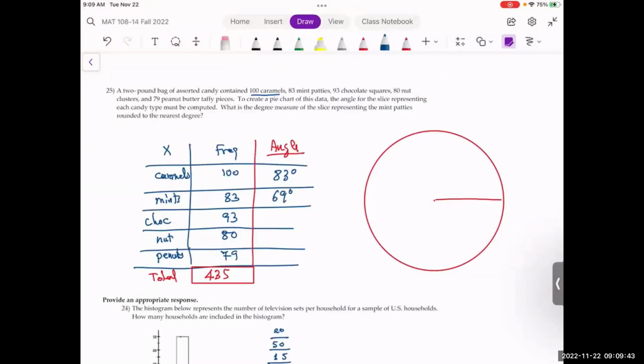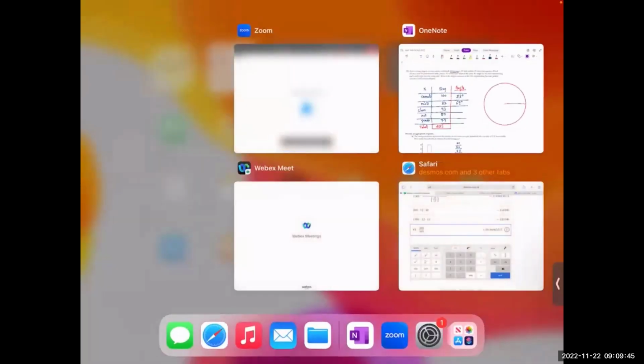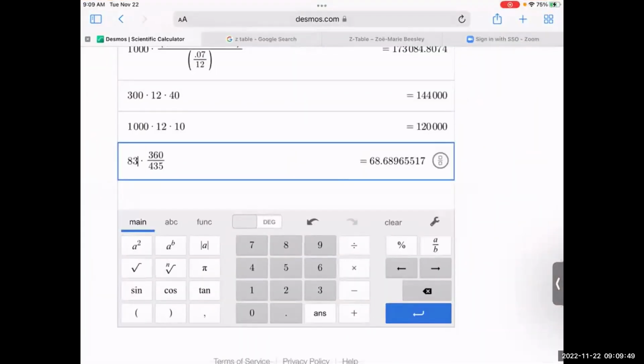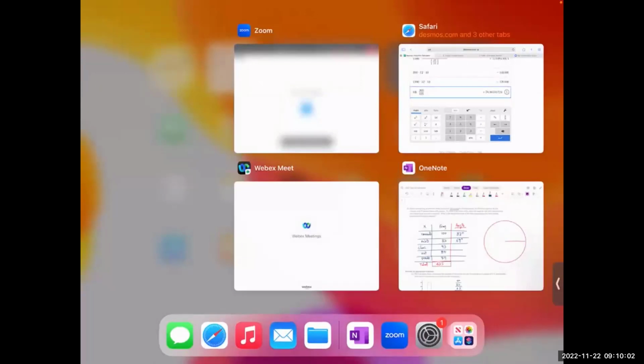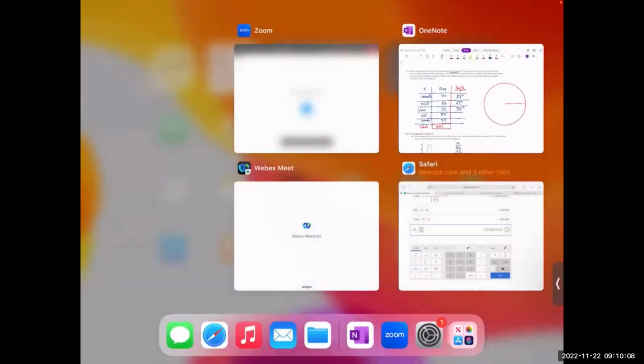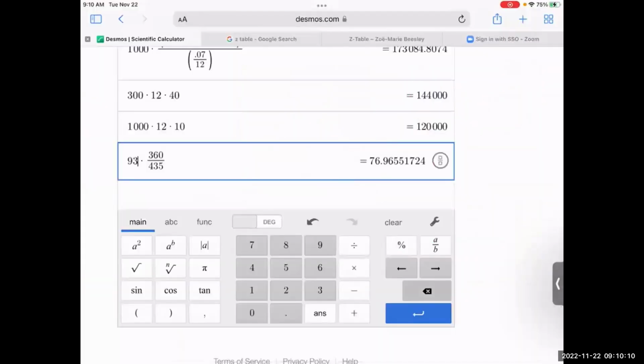And the following one is going to be 93. So on my calculator, I'm going to change this one to 93. And that's going to give me 76.9, which is 77. And then the following one is going to be 80. So I'm going to substitute this one by 80.